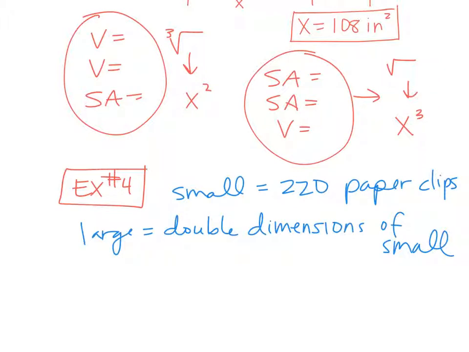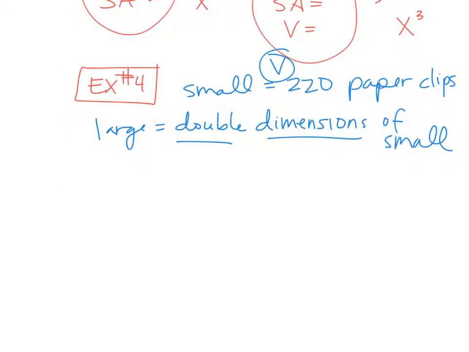Now you've got to think about this. The number of paper clips in the box is which thing? Scale factor, surface area, or volume? It's volume. It's how much you can fit inside. So this is a volume right here. But this says you double the dimensions. So you double the height, you double the width, you double the length of the box. So that means my scale factor is double, so 1 to 2.